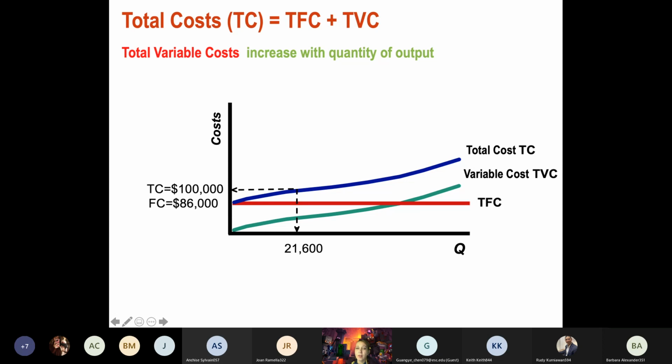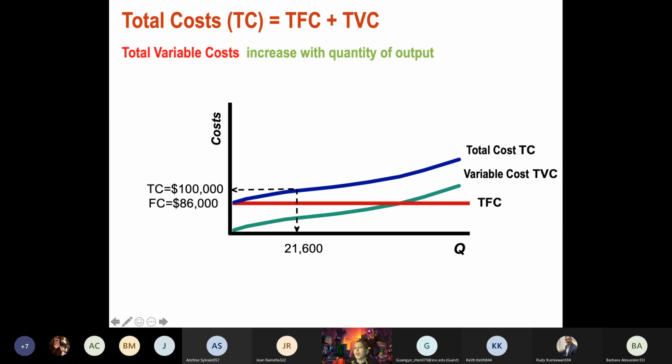Keep that in mind. And then we computed that the variable cost was around 14,000 or so. So the total cost, when we add this green line to the red line, we get this dark blue line, the total cost of production, and it's going up with the quantity.